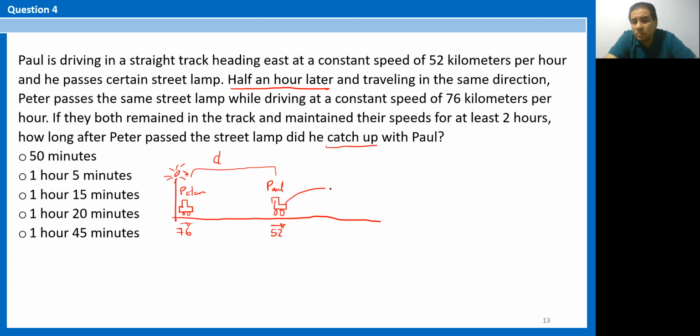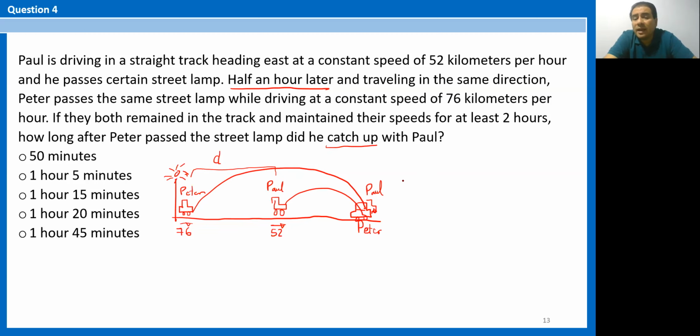So we're trying to estimate what is the time for both of them to come together, right? To come together and Peter catching up with Paul. So we want to know that time.